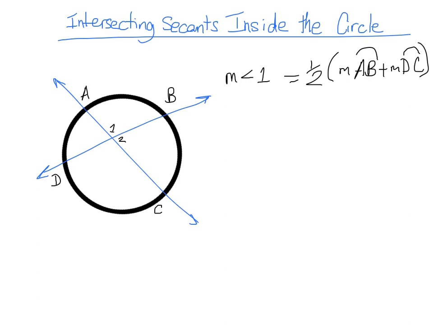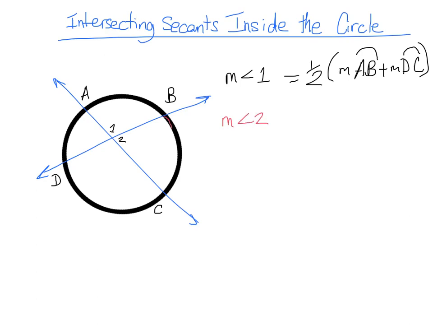So in words, this is really saying that the measure of an angle created by two intersecting secants or chords will be half the measure of its intercepting arc plus the opposite arc. Let's try to figure out what we would have if we try to do the measure of angle 2.